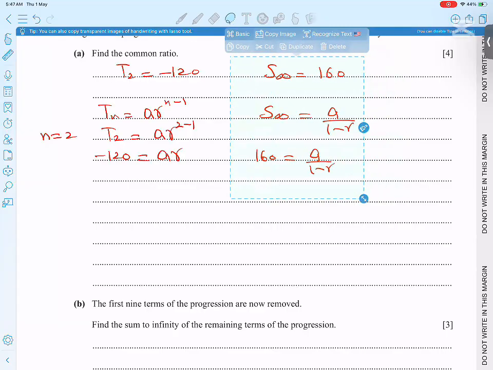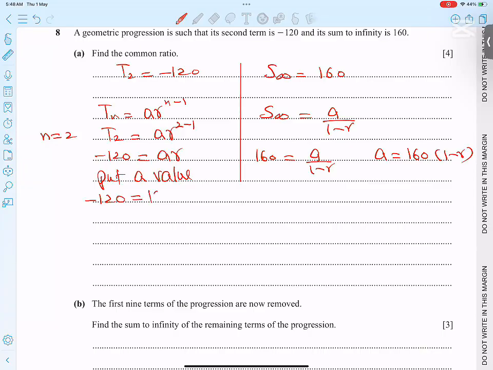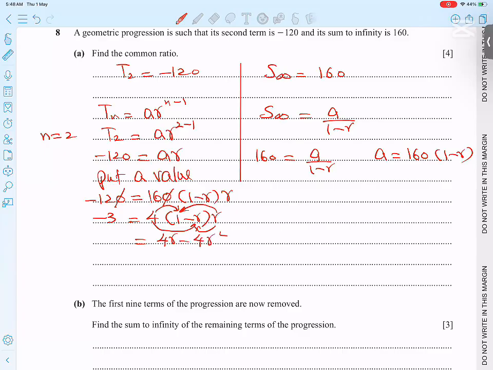If I cross multiply, A becomes 160 times 1 minus R. I replace this A value here, so negative 120 is equal to 160 times (1 minus R) times R. This 160 can go down, the zero cancels: 4 threes are 12 and 4 fours are 16. Now multiply inside: R times 1 gives 4R, and R times R gives 4R squared.